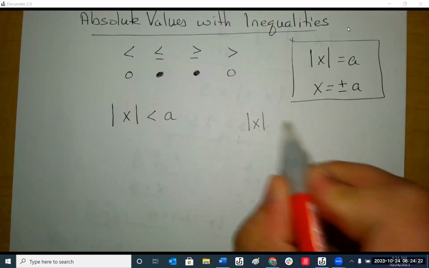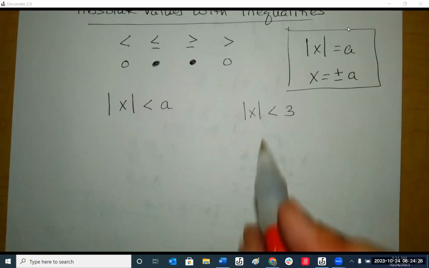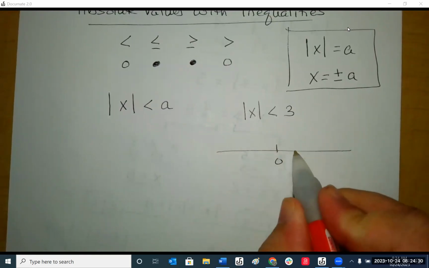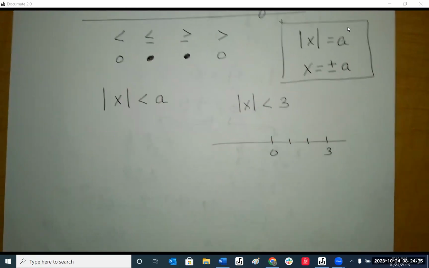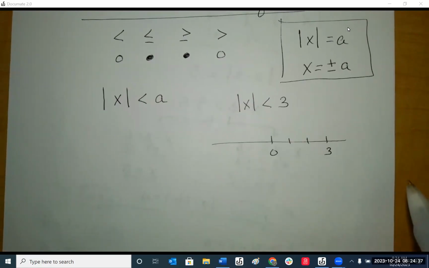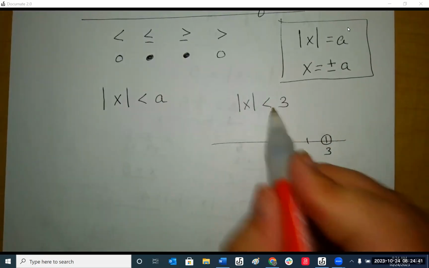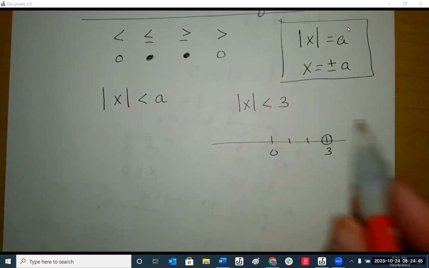So if I say absolute value of x is less than 3, we have an open circle at 3 because it's not an equal sign. What this is, it's talking about how far that number is from 0.